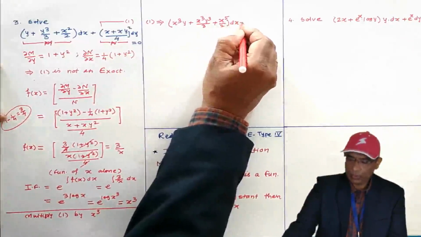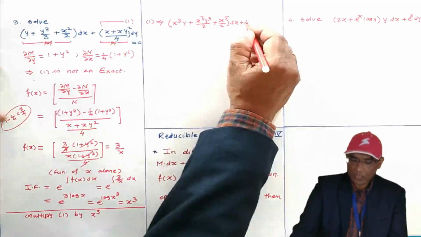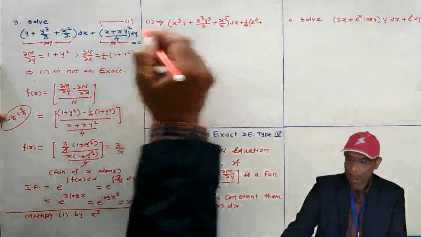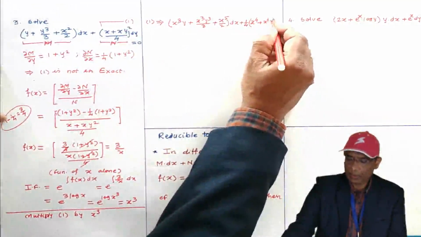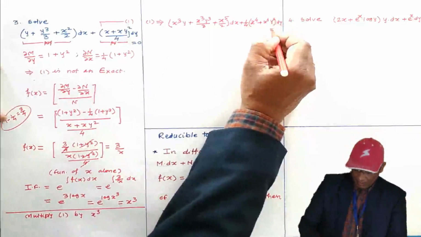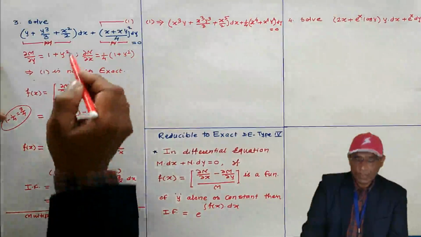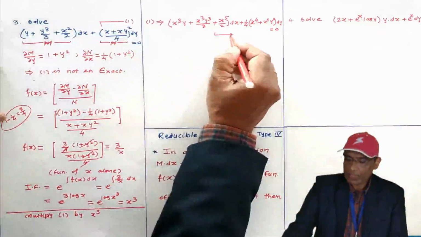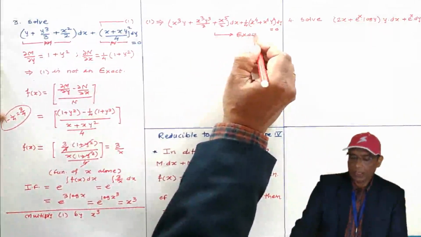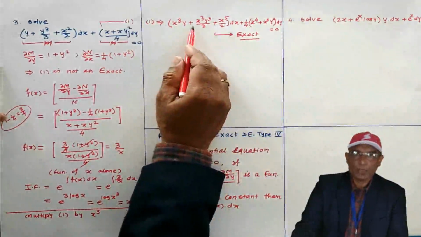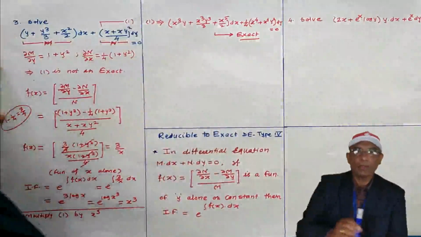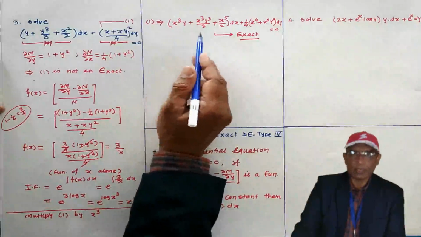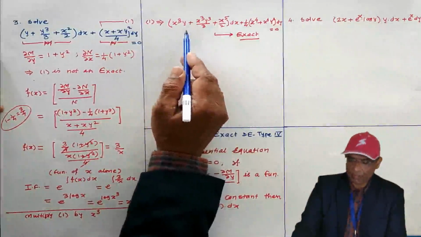Multiply this by x cube: 1 by 4 is as it is, x multiplied by x cube is x power 4, multiplied by y square dy is equal to 0. After multiplying by this integrating factor, the resulting equation will be an exact differential equation. Then you can solve it using the standard format of the solution of an exact differential equation, or you can check whether it is exact or not. But in the examination it is not required.